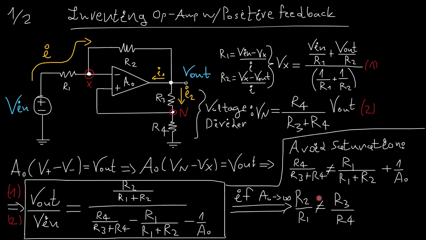Well, if they were very close or equal, our output would be huge. If you had very large swings at the output, that would not be really under our control. The op-amp would be saturated. It would not be very useful. Our configuration would be useless. So we must avoid this, or this more general, alright, if we had more finite gain here.